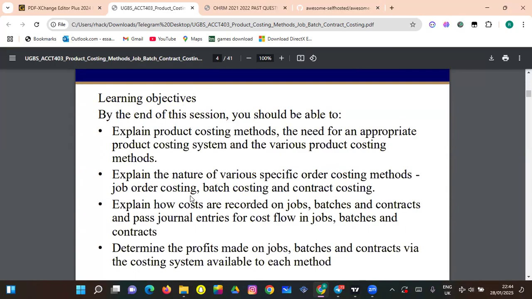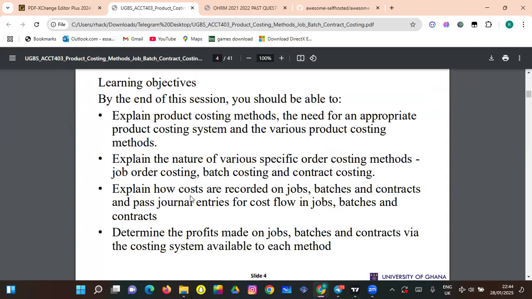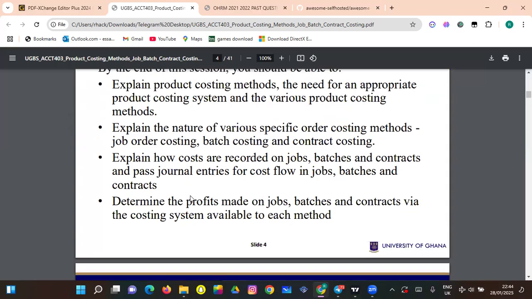So our learning objective is that we should be able to explain product costing methods, the need for an appropriate product costing method, and the various product costing methods. Then we should also be able to explain the nature of various specific order costing methods, which includes job order costing, batch order costing, and contract costing. We should also be able to explain how costs are recorded on jobs, batches, and contracts.